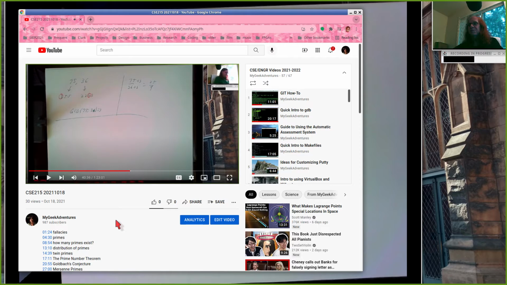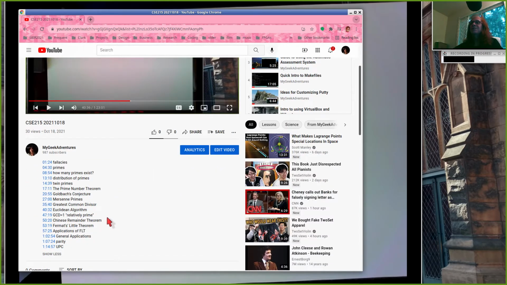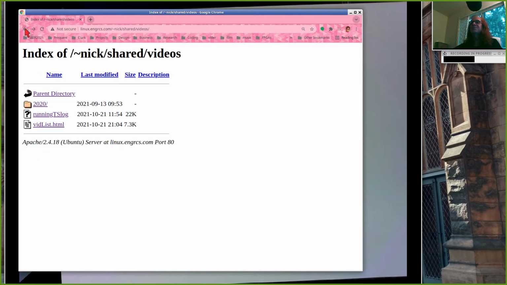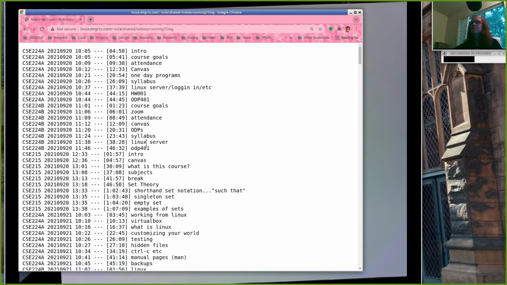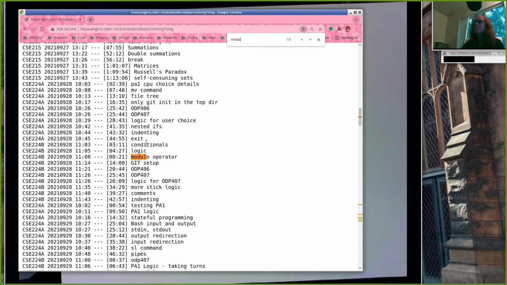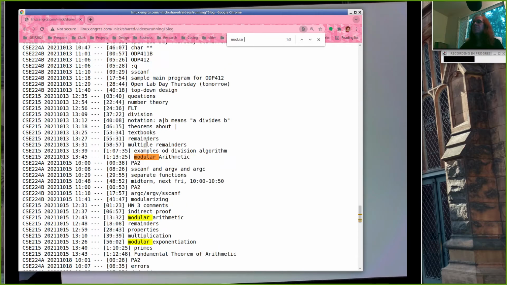But let's run through Euclid's algorithm here, and then this also talks about Fermat's little theorem. And modular exponentiation, I think, was handled in the previous class on the 15th.